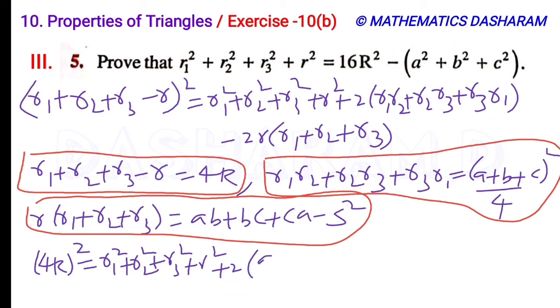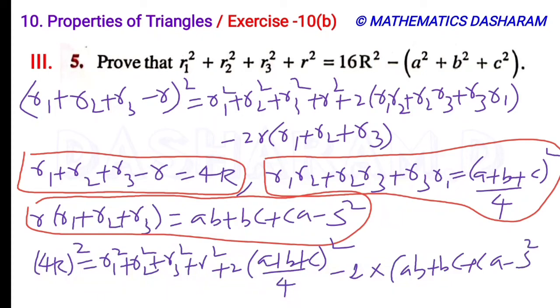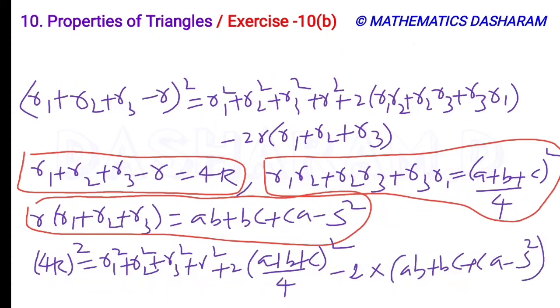Its value is a plus b plus c whole square by 4, minus 2 into r into bracket of r1 plus r2 plus r3. What is that value? ab plus bc plus ca minus s square. 4r whole square is 16r square. It equals r1 square plus r2 square plus r3 square plus r square.